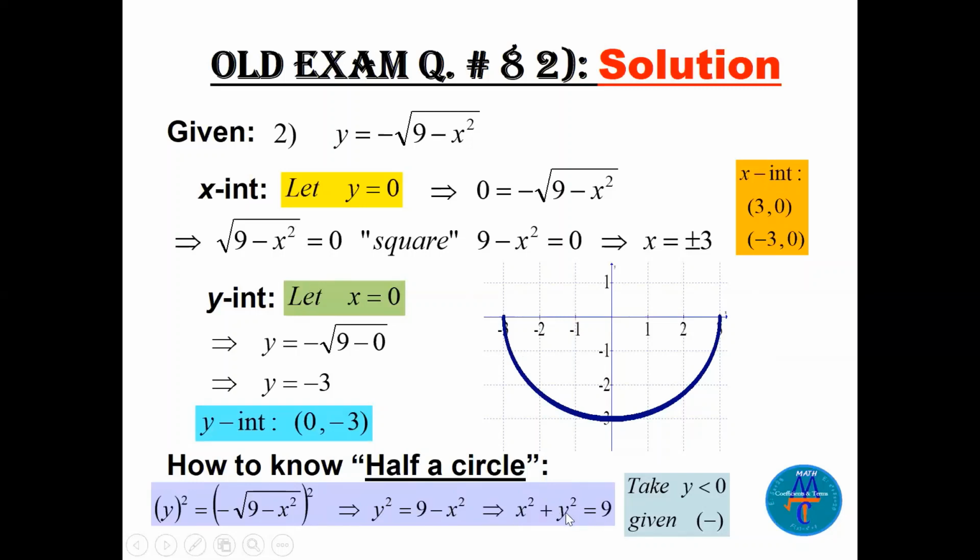X squared plus y squared is equal to 9 is a complete circle. But our question is not a complete circle. Y equals negative, and the square root is always positive, so we take the negative, y less than 0. That's why it's half a circle. If you remove this minus from the question, you take the upper half of the circle. So this is a very nice half circle question.